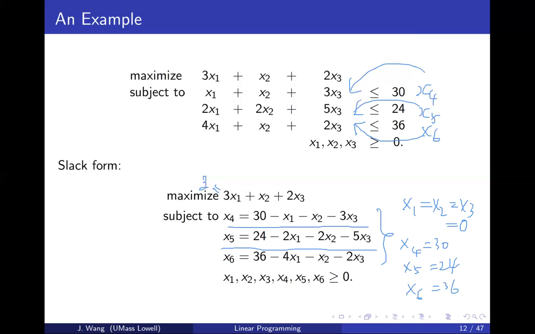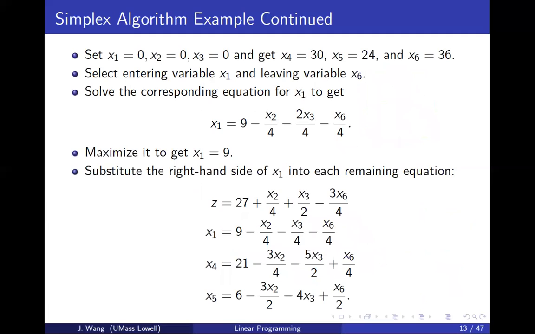Then we want to select an equality. Maybe we want to select this equality because x6 is larger, using a greedy kind of thinking. And then we pick a pivot element. For instance, we just pick x1, because you can also pick x2 or x3. So let's just say that we pick x1. Then x1 becomes 9 minus x2 over 4 minus 2x3 over 4 minus x6 over 4.